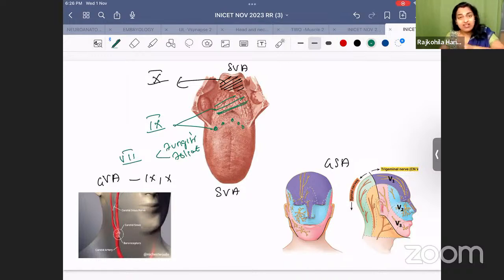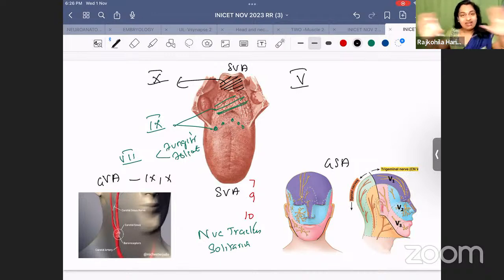Whereas the general sensation is carried by the lingual branch of mandibular division of trigeminal nerve. So under special visceral afferent, we have to write 7, 9, 10. What is the nucleus here? Nucleus tractus solitarius.